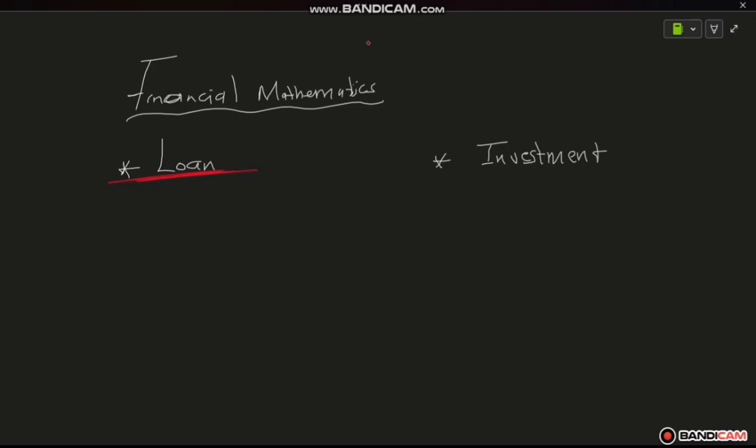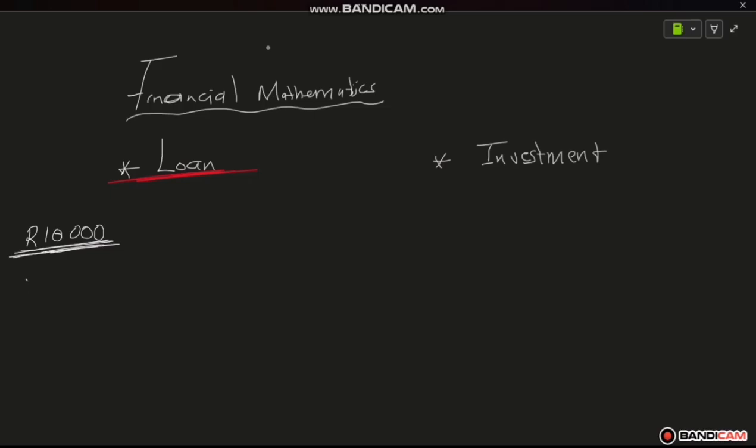When you talk about a loan, it's when someone goes to a financial institution to borrow money. Then when they borrow money, they have to pay an extra amount of money on top of the amount that they borrowed, which is known as interest. I hope it makes sense. So you go to a financial institution, they lend you 10,000.